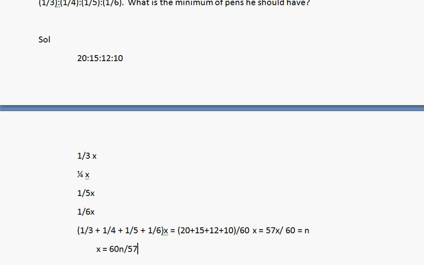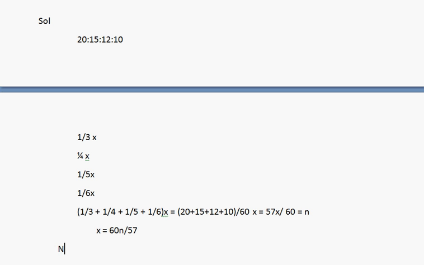So this is what he should have, x, such that he can give it to each of his friends. So x should also be an integer and n should also be an integer. So what is the minimum value of n such that x is an integer? It has to be 57. So n is equal to 57. So this is the minimum number of pens which he should have to give to his friends, right?